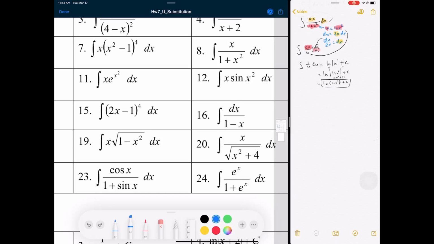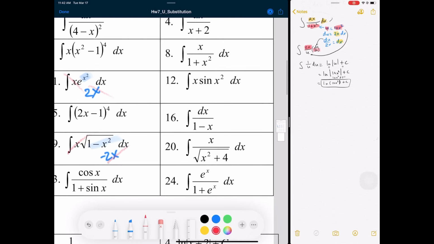If I look over here at number 11, x squared, what's the derivative of x squared? 2x, and this 2x divides out with this x. What about this guy here? 1 minus x squared. That's a negative 2x. And this negative 2x divides out with this x. The negative 2 stays above the x.